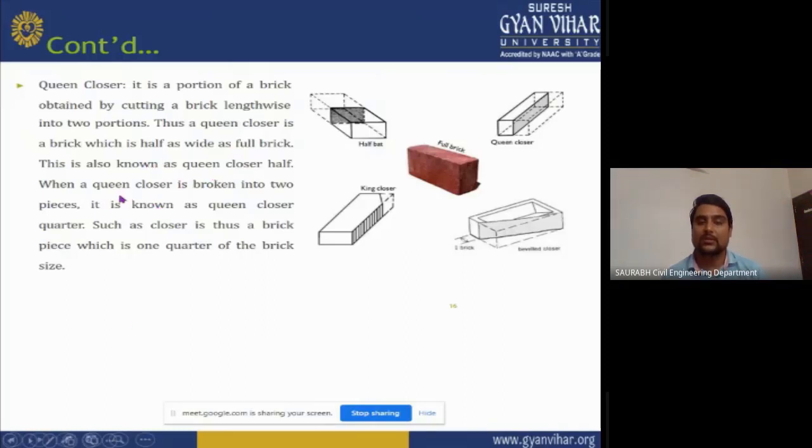When queen closer is broken into two pieces, it is known as the queen closer quarter. Such closer is the brick piece which is one quarter of the brick size. That is your image of queen closer, which you can see here, and you can understand how queen closer can be used in construction activity.